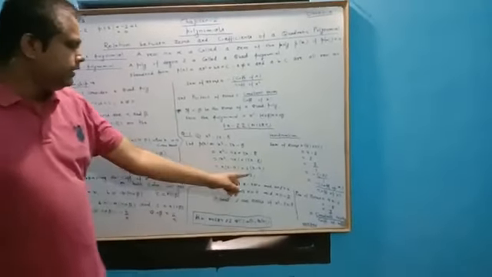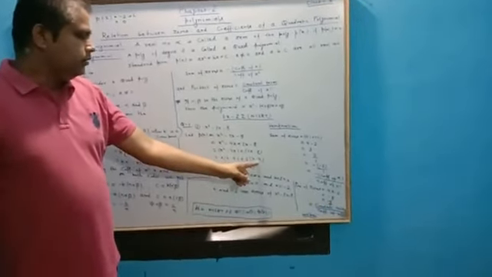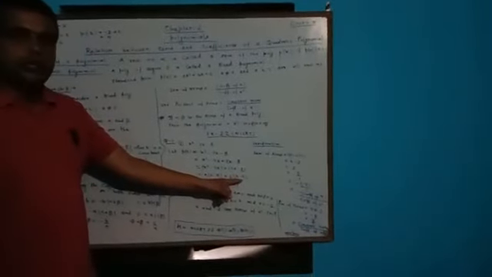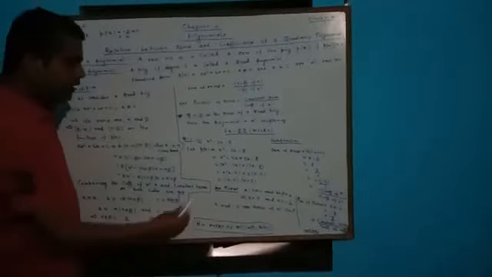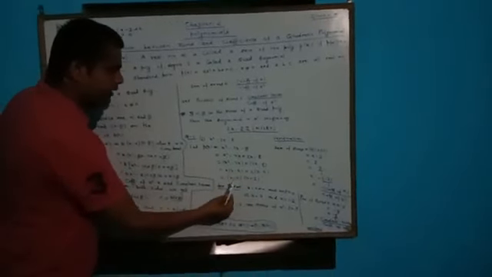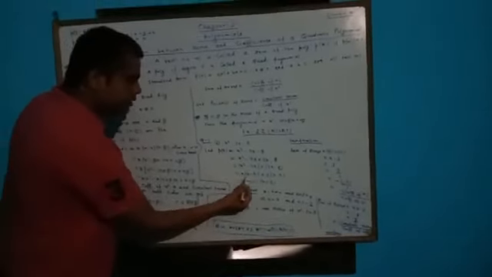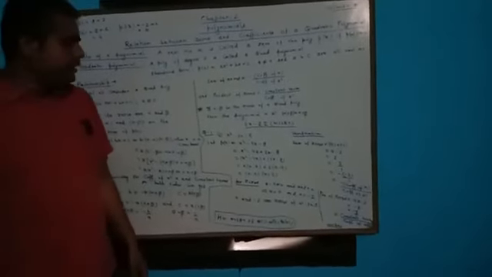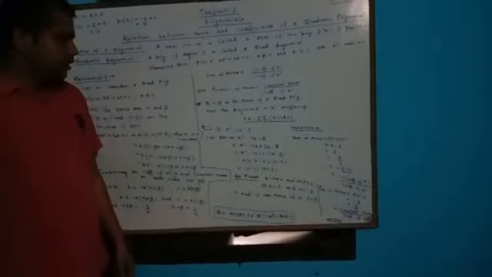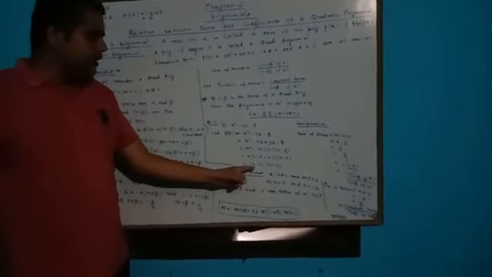Then we find that x minus 4 is the second factor. Now x minus 4 is common in both, then x plus 2 is the other factor. So we see that after factorization of x square minus 2x minus 8, the factors are x minus 4 and x plus 2.